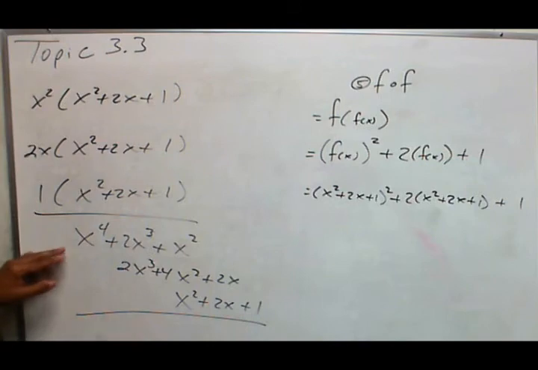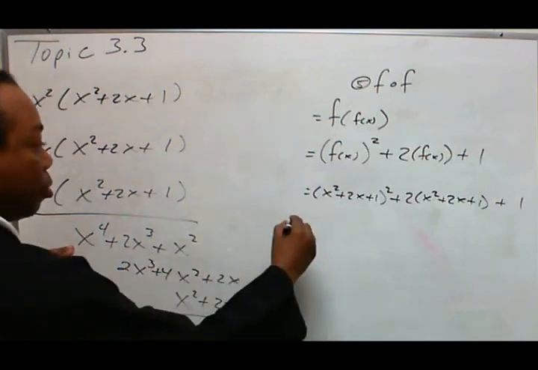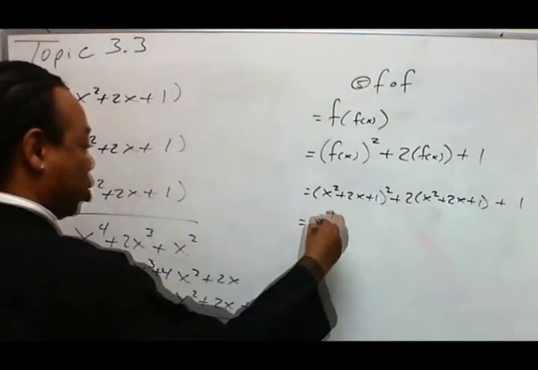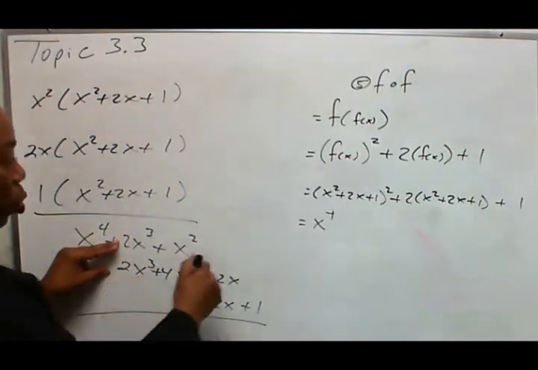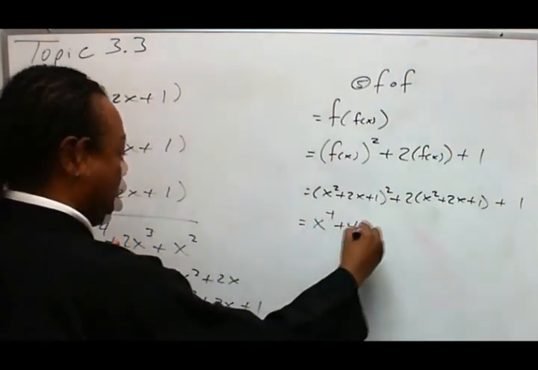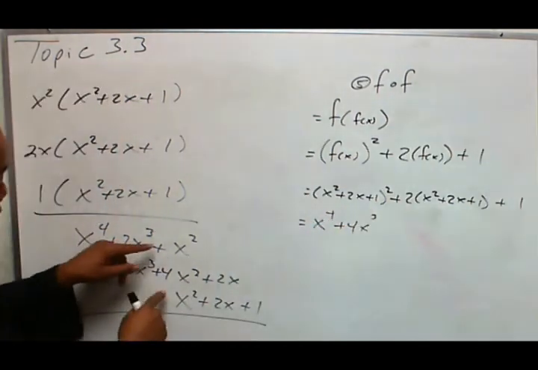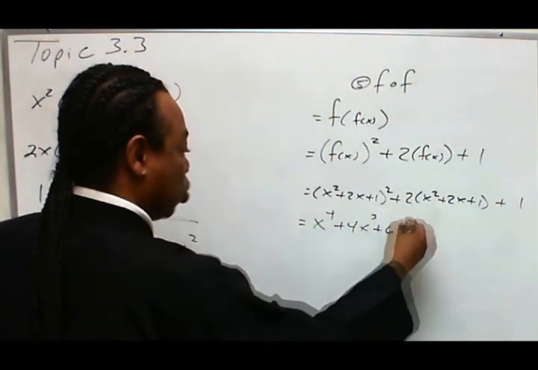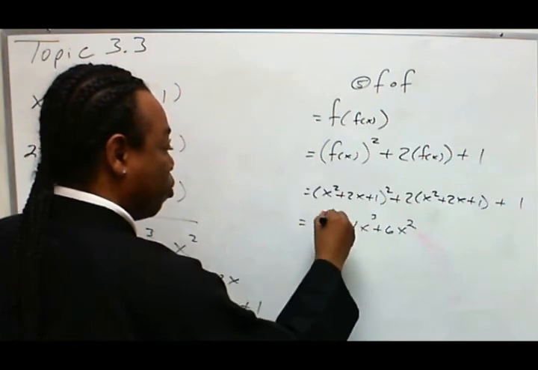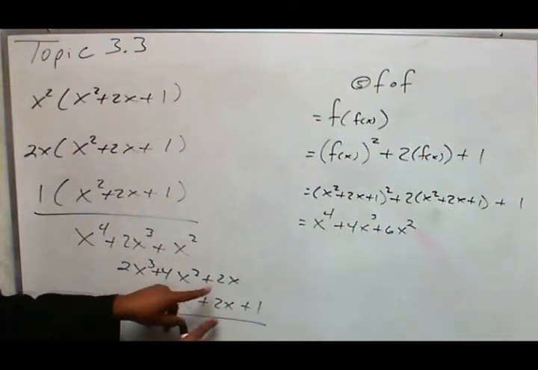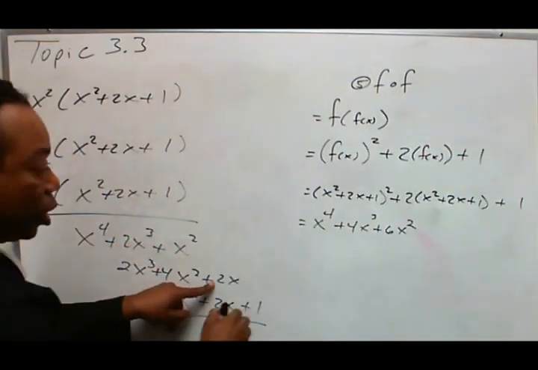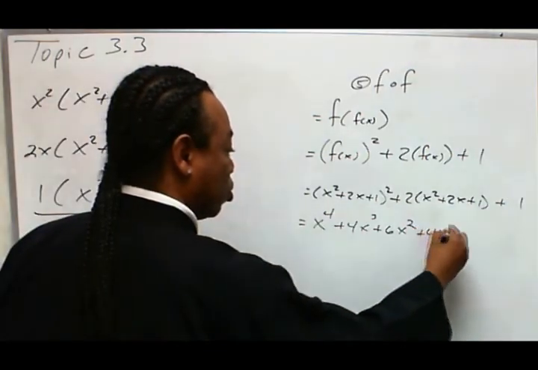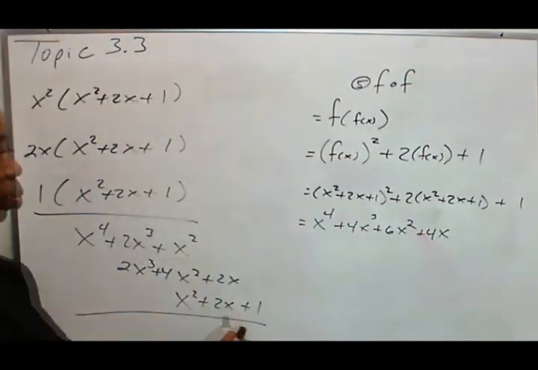When I combine like terms, we're going to get x to the 4th power. These two will give me plus 4x to the 3rd power. These three will give me 6x squared. These two will give me 4x and then plus 1.